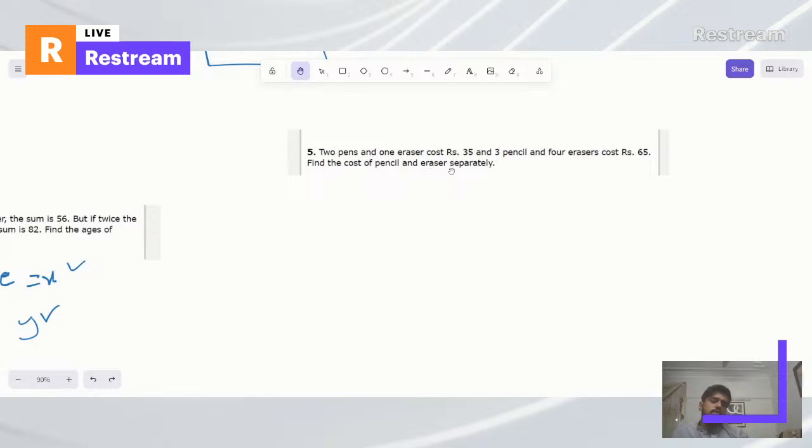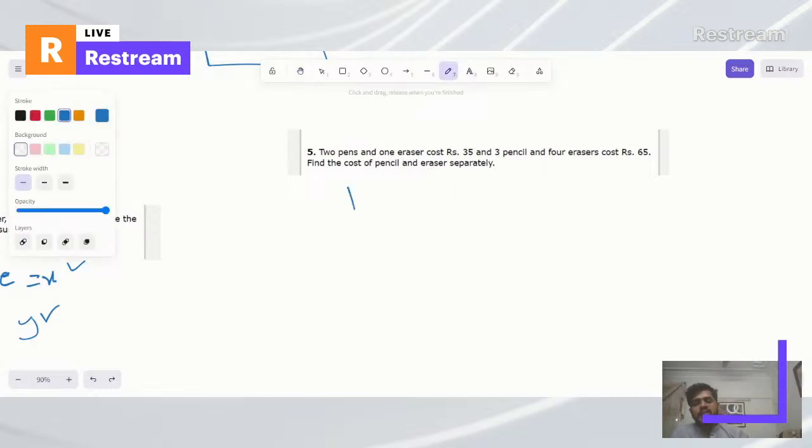Find the cost of pen and eraser separately. That's pretty easy, right? So let's take pen as x and eraser as y. Let's see who gets it faster than me.